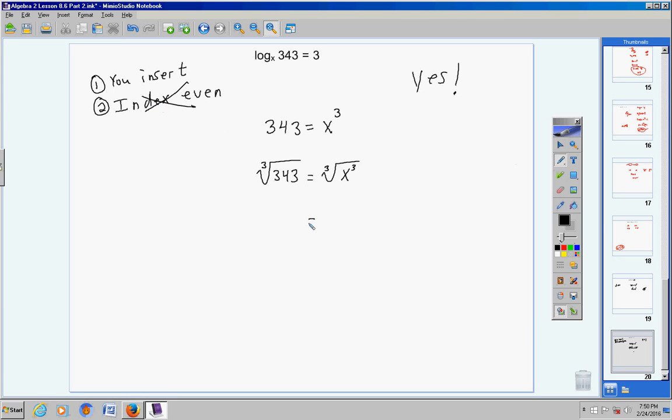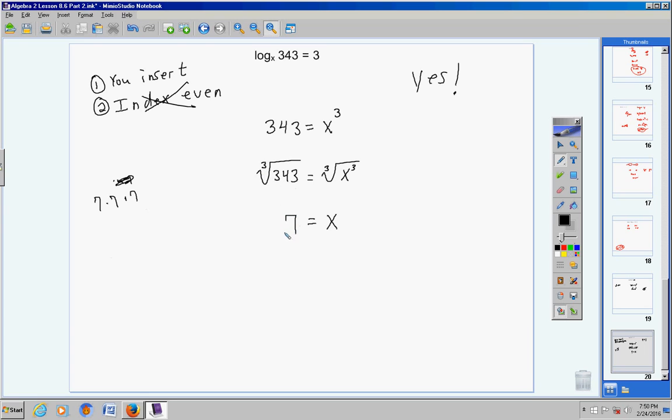The cube root of x cubed is x, and the cube root of 343 would be, I believe, 7. 7 times 7 is 49, and 49 times 7, 63, 28, yep, 343. So 7 times 7 times 7 is 343, so the cube root of 343 is 7.